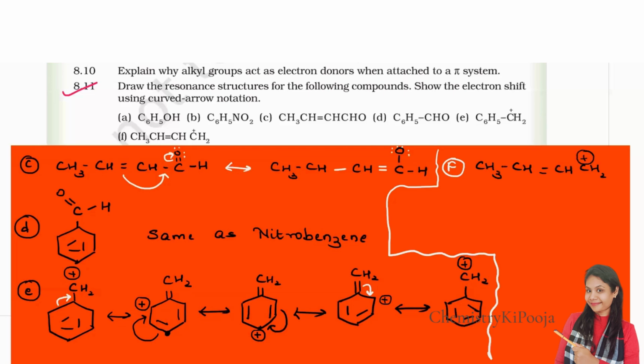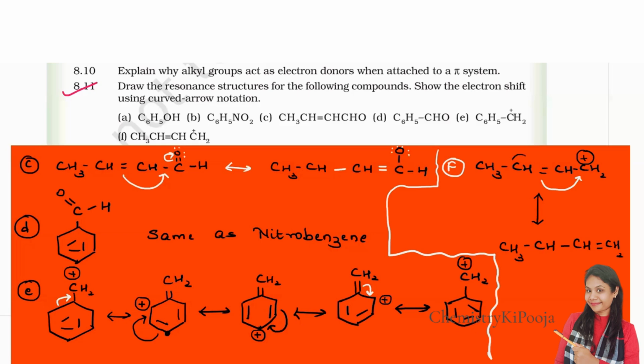Because of the plus charge, again this plus charge will try to pull the electrons from the pi electrons. There will be pulling of the electrons. Clear? So what will be the resonating structure? You will get CH3, then CH, single bond, CH, double bond, CH2. Now there is no plus charge because it has pulled the electrons.